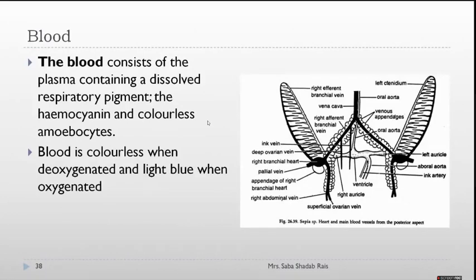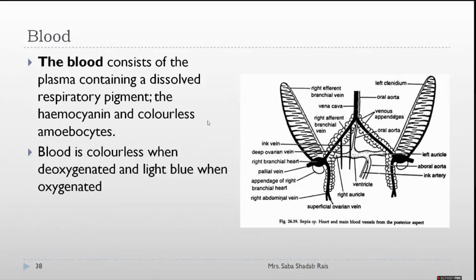Now, as for the blood pigment, why do we have red color in our blood? We have the red color of the blood due to the hemoglobin, that is the respiratory molecule. Now their respiratory molecule, that is hemocyanin, is transparent in color, so definitely the blood will also be colorless.